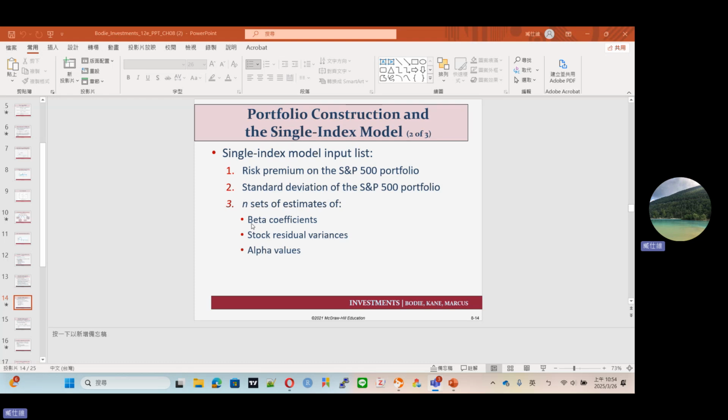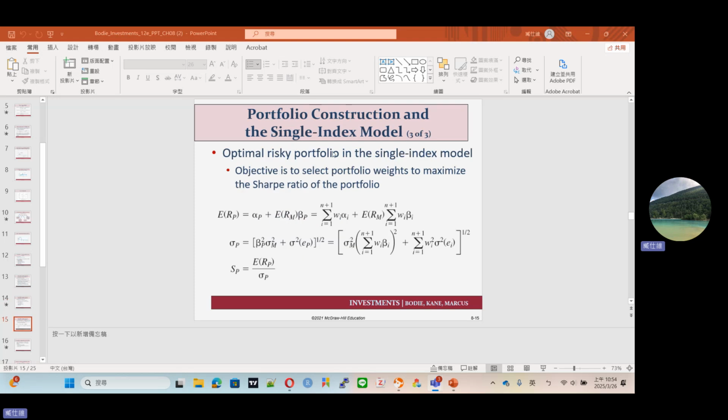So we have a beta coefficient, stock residual variance, and alpha values. Finally, you can calculate the portfolio returns. This may seem a little bit complicated to you, but let's just focus on the output here.